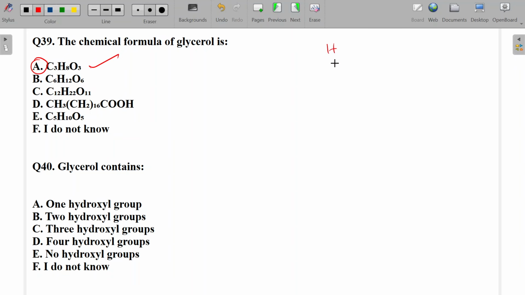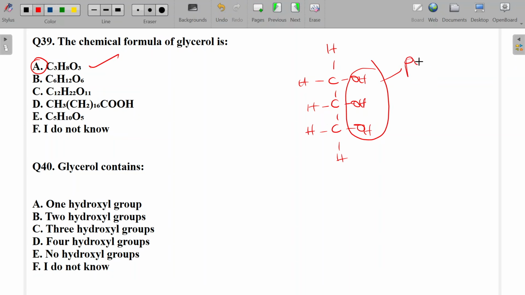So it is a polyalcohol. Wonderful. So carbon 1, 2, 3, hydrogen 1, 2, 3, 4, 5, 6, 7, 8. That's it. Then oxygen 1, 2, 3. Okay, and you're done.